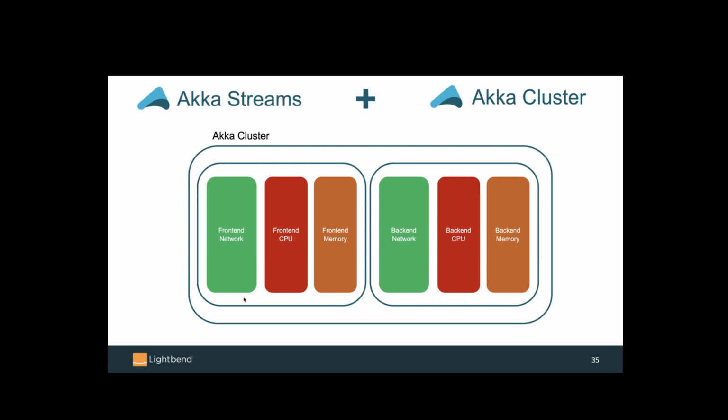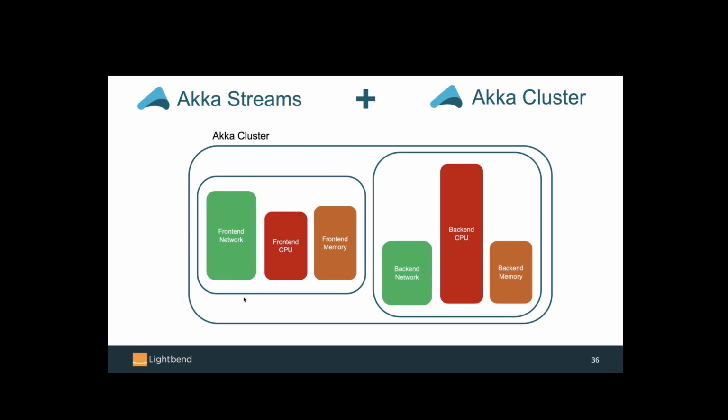So we can start thinking about this really cool scalable application as just a pool of resources. We've built this car, and we want to give it more front end network. We want to give more back end CPU, and we can start just adding nodes and removing nodes to get us the perfect ratio of front end network, front end CPU, and front end memory with the back end.